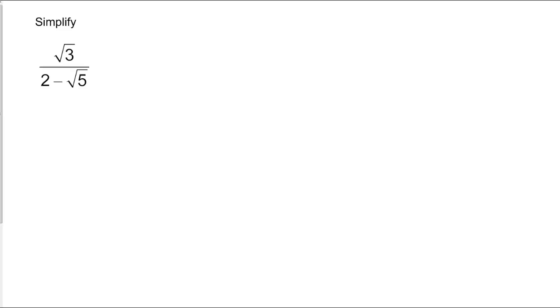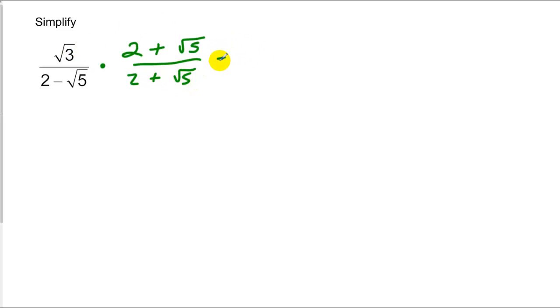So here I have an example of root 3 over 2 minus root 5. Since I have this radical in the denominator, I want to rationalize by the conjugate, so that's 2 and a root 5, but I need to have an addition sign between the two this time.